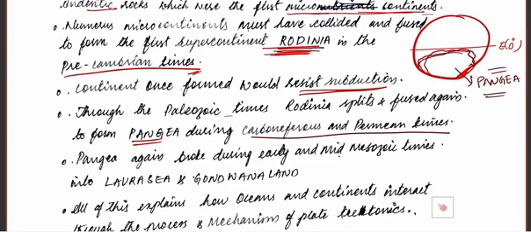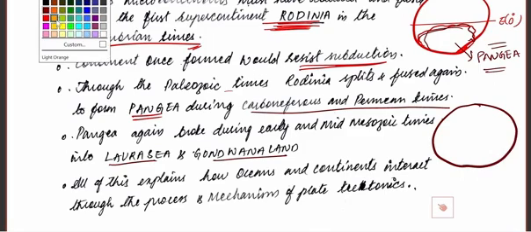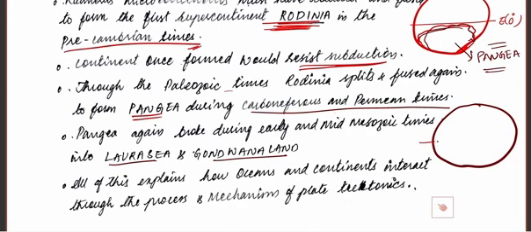Pangaea again broke during the early and mid Mesozoic time into Laurasia and Gondwanaland. So this huge continent, due to forces acting on it, again broke here, and it started moving towards the northern side, and some parts started moving to the western side.